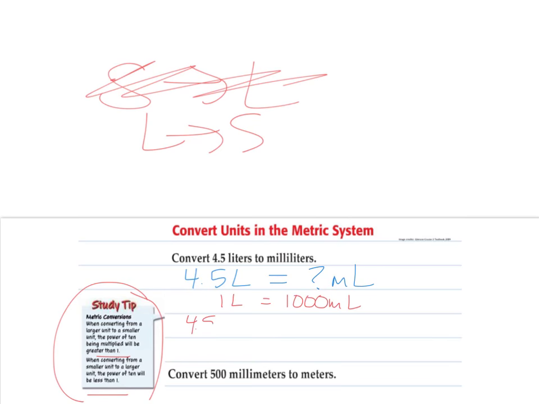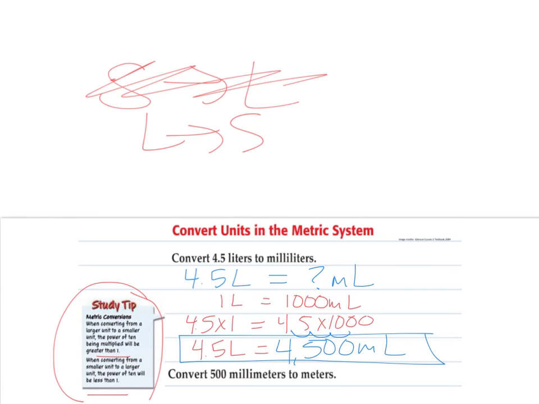I have 4.5 times 1, which should be equal to 4.5 times 1,000. So what I get is that 4.5 liters is equal to, multiplying by 1,000 is just moving 1, 2, 3 places, 4,500 milliliters. Makes sense. Smaller the unit, the more you need.